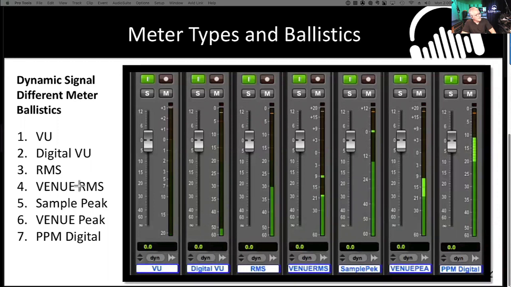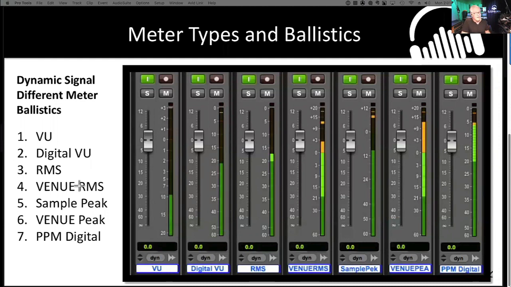So we're metering different ballistics here, right? Now again, these are all telling you exactly the same thing if you have the right expectation of what you're looking at. So how can it be so wildly different? Because some of it is peak information. Some meters are looking at only peak information. Some meters are only looking at RMS information.